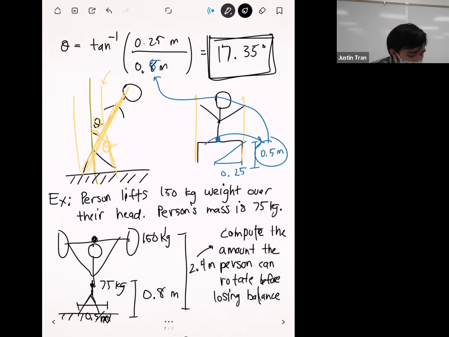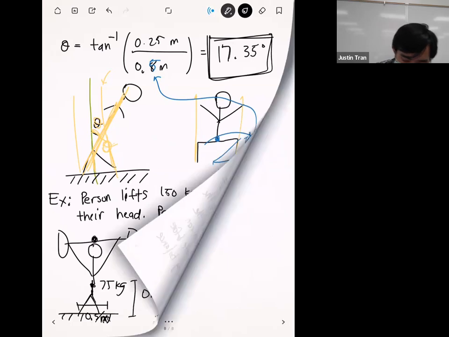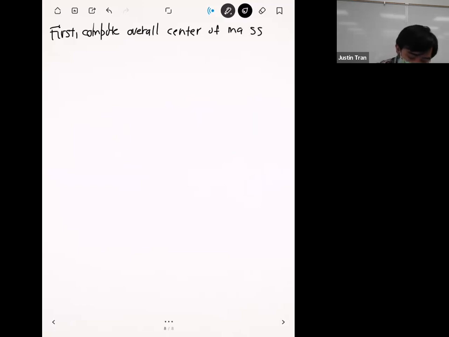Okay, all right, so let's do a center of mass calculation. Because we have the addition of the weight above the head now, that's going to change the position of the overall center of mass. If you remember from the beginning of the dynamics unit, we had a formula for this.